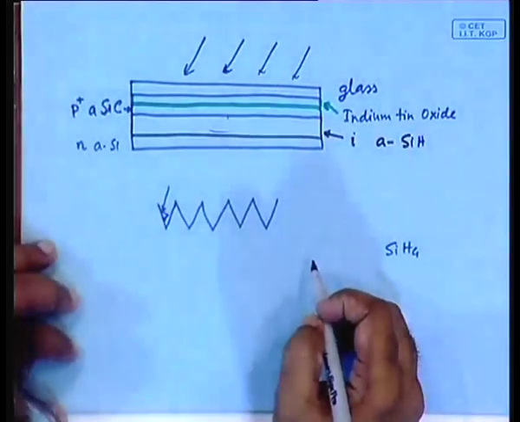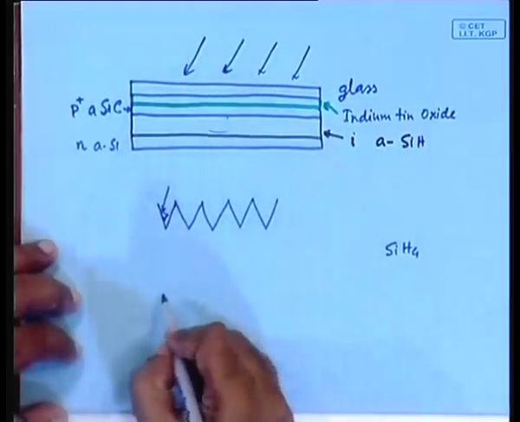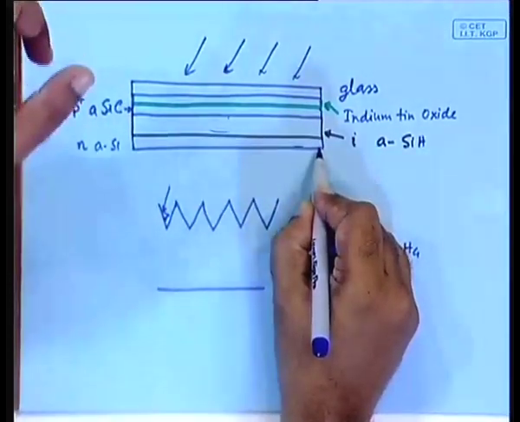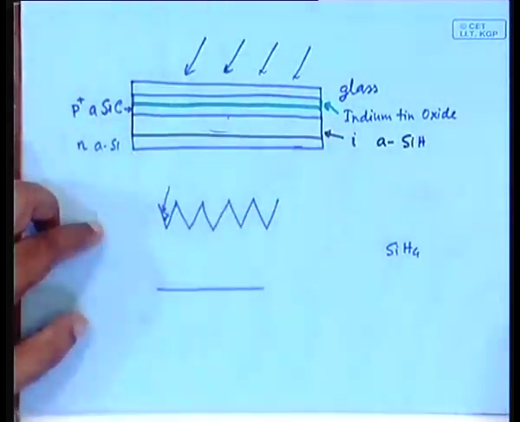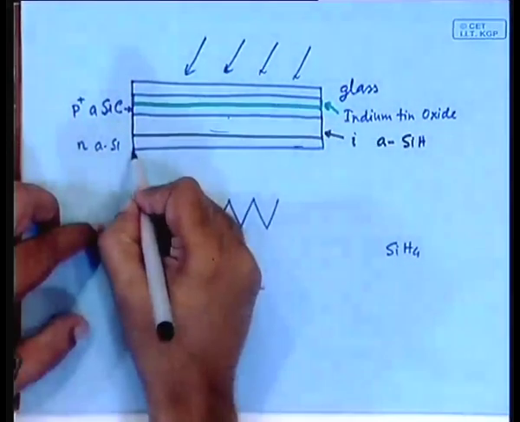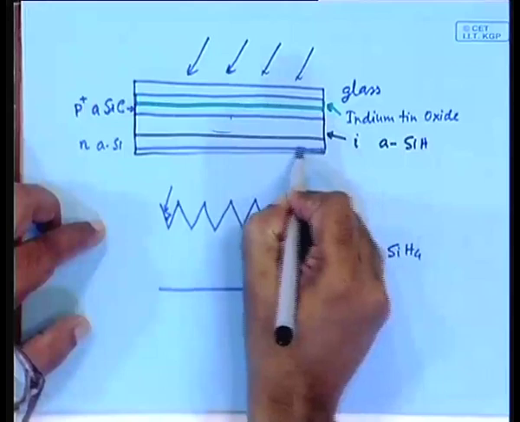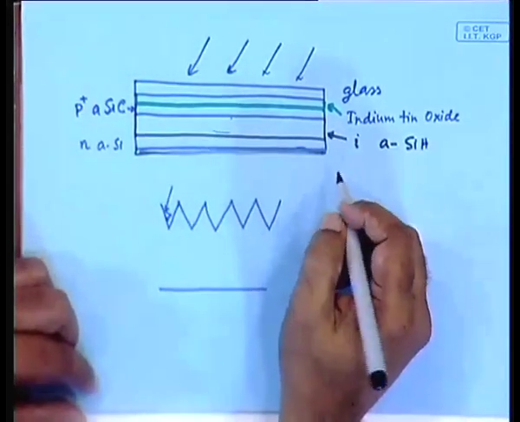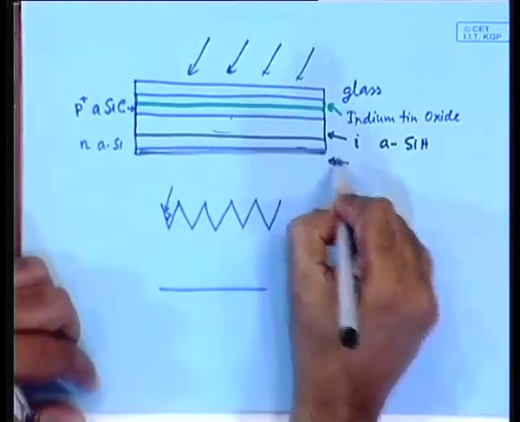The second trick is here at the bottom, where you have to have one conducting layer, right? I forgot to put that. Here there has to be a conducting layer because you have to collect the charge. So, here is a contact layer.